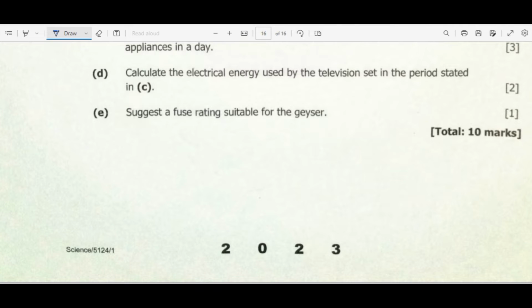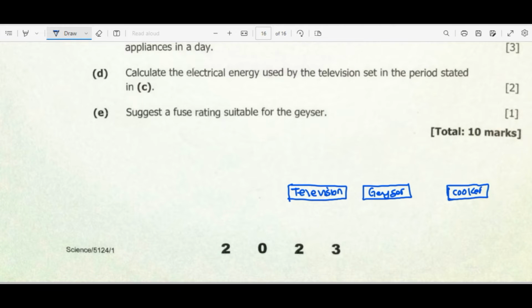Now, the first one, let's look at the TV, which is the television. This is our first electrical appliance. Since we have three, for the second one, I'm going to put the geyser. Then my third one will be a cooker.